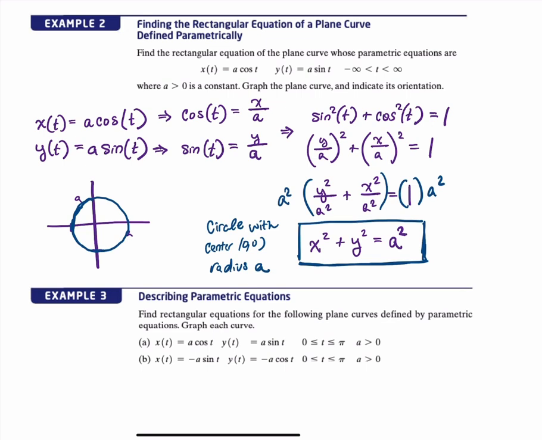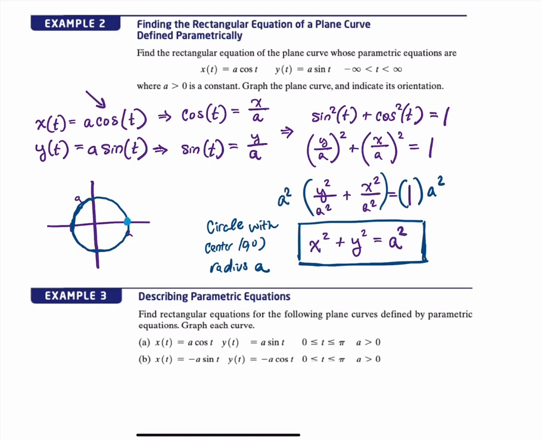When t equals 0, what would be our starting point? Thinking about how this is defined, the cosine of 0 is 1, the sine of 0 is 0. So we would just get the point (a, 0), meaning we would start on the right side of this circle.